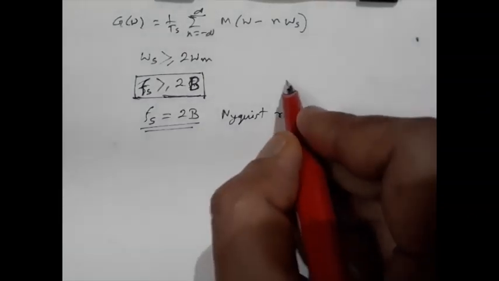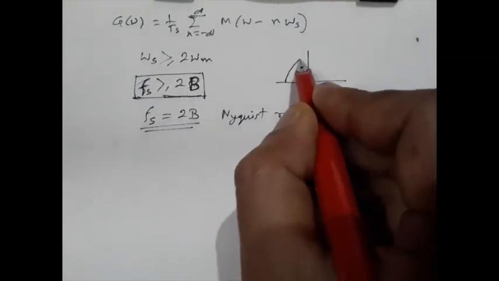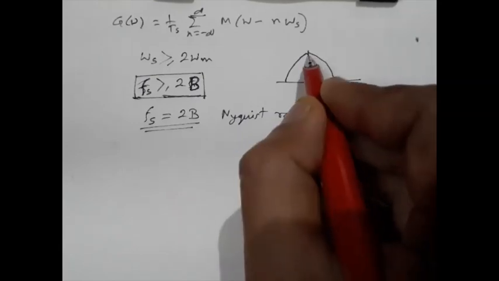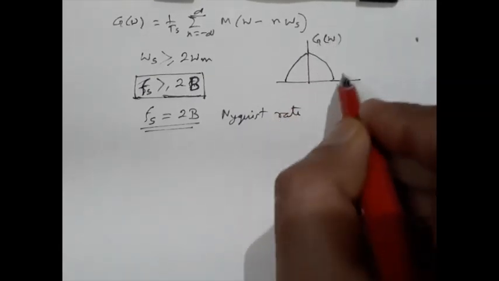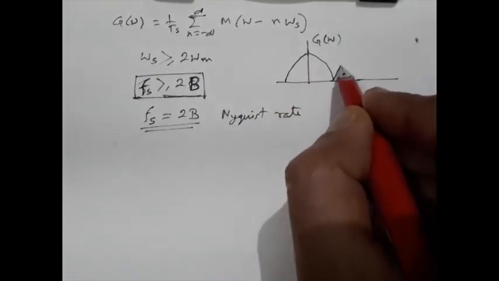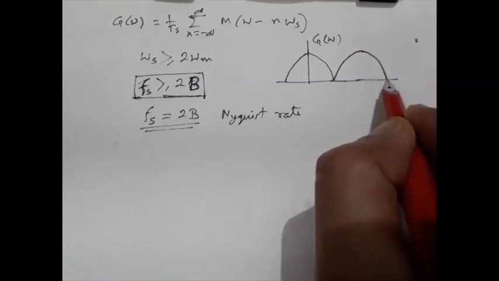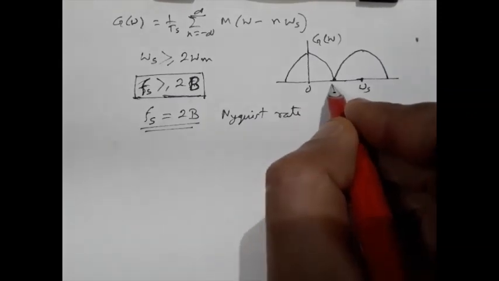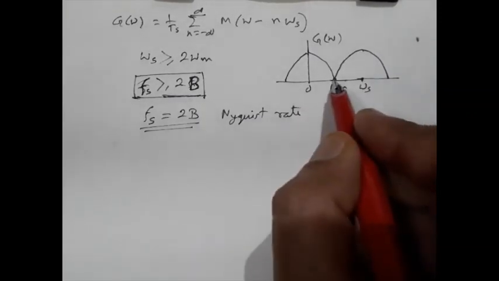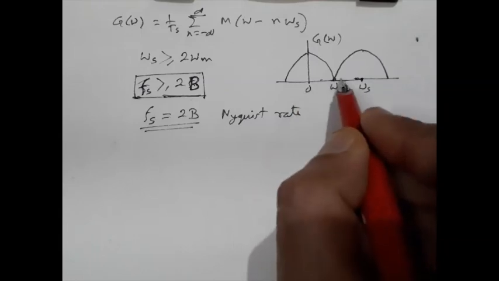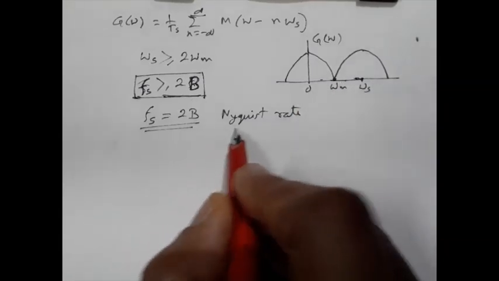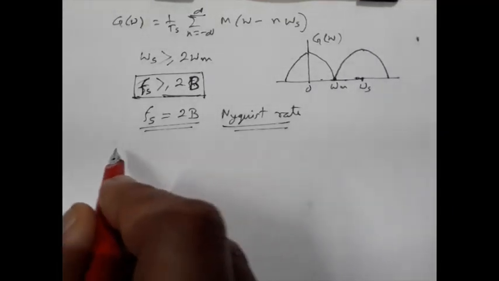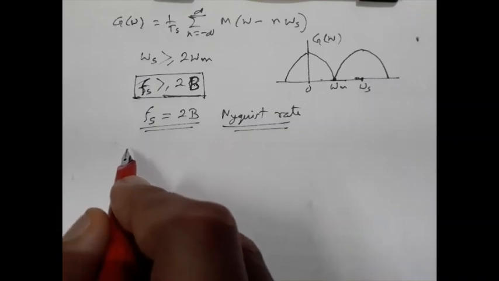Under this condition, two successive periods will just touch each other. This one is called the Nyquist rate. Now we will consider the reverse process of sampling, that is called reconstruction.